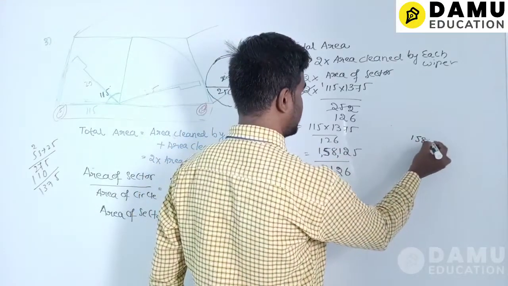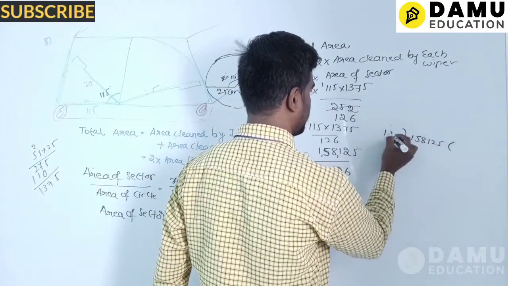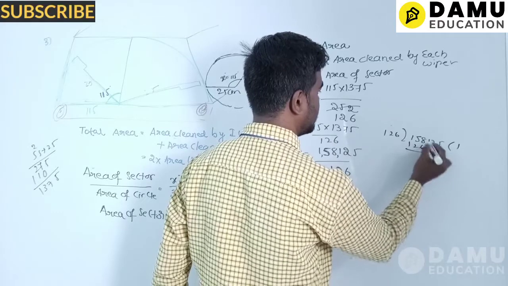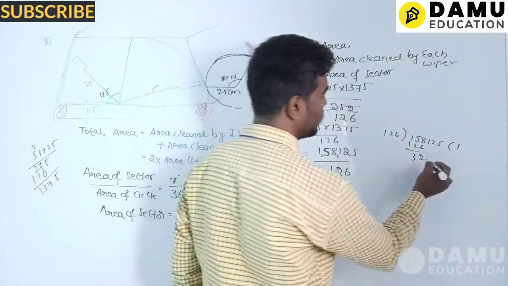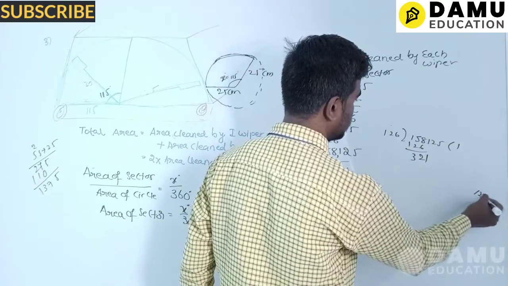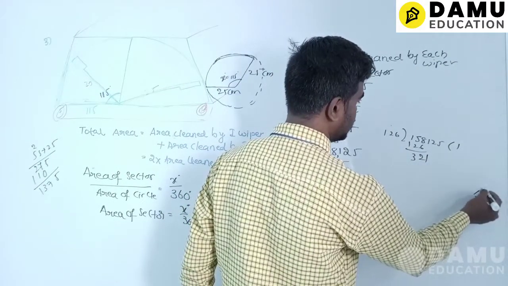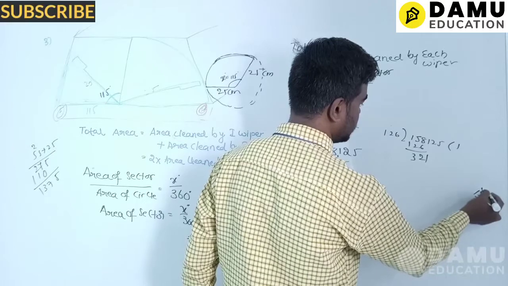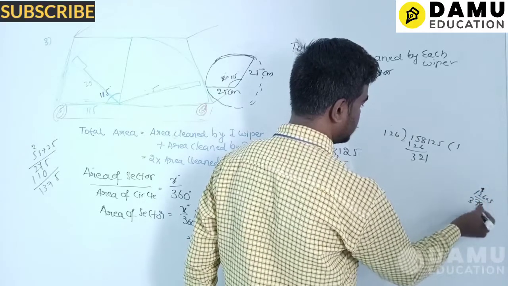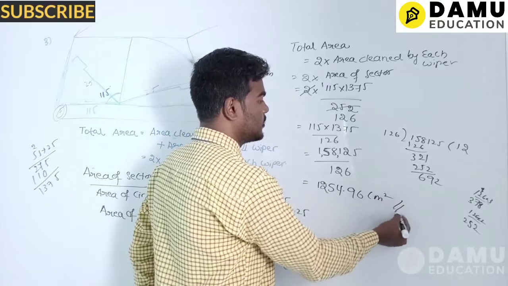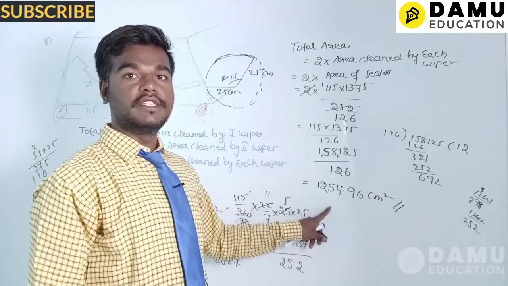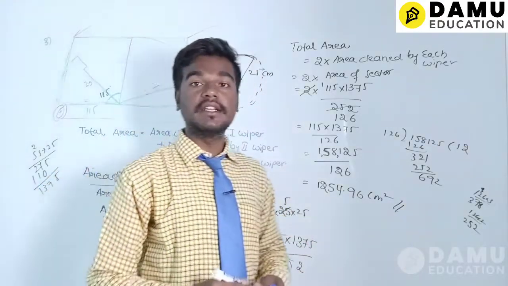So 158,125 whole divided by 126 gives the value, and this is the total area cleaned by both wipers.